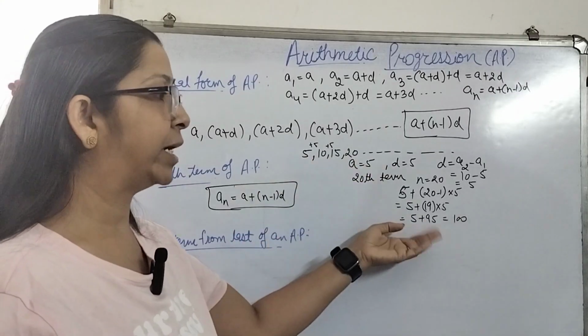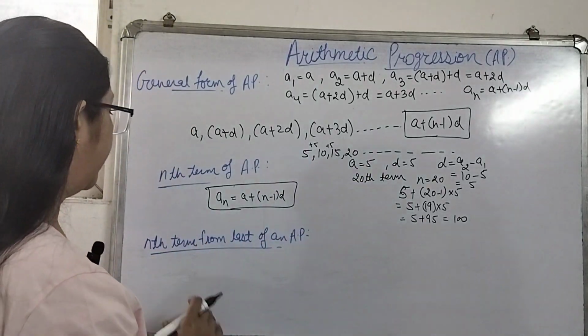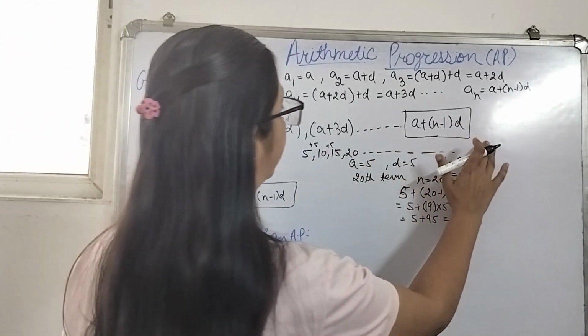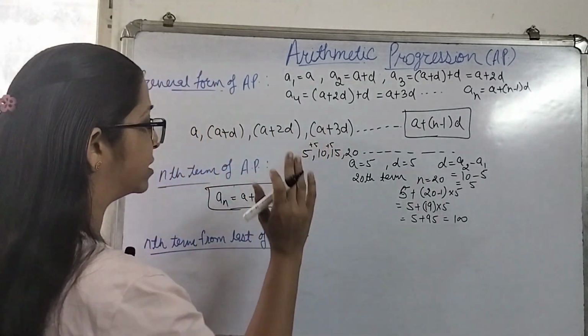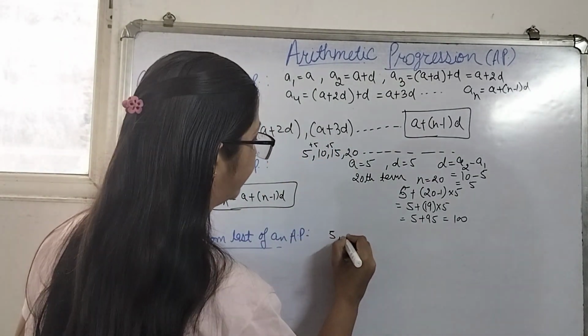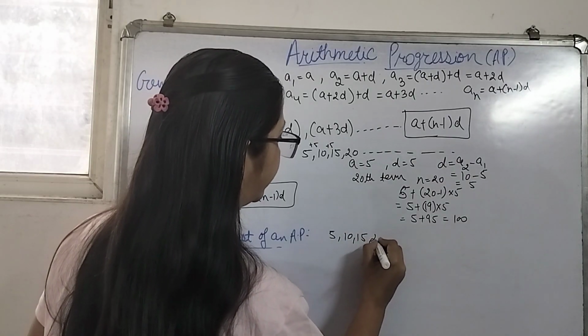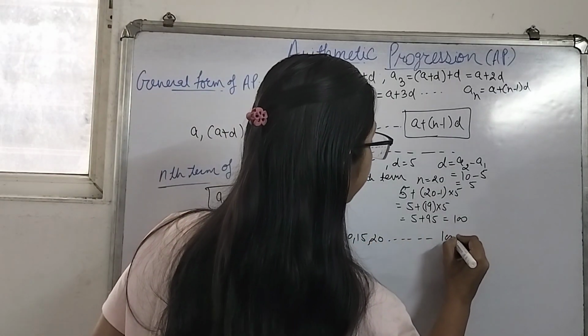This is the example we have taken just now. Now, if we have a finite number of terms in the AP, suppose I take this series: 5, 10, 15, 20 till 100.